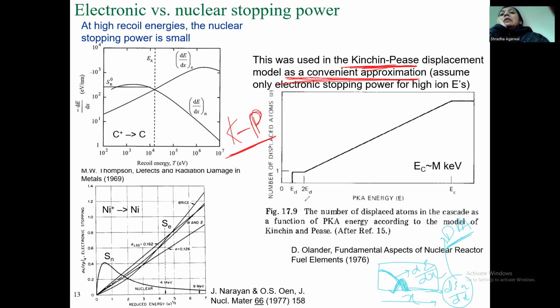What does that mean? So Kinchin-Pease, basically, gives you a very convenient approximation. So this is like a pen and paper model. What it said is, in the beginning, you have your incident ion. They go and make an interaction with atoms of the material. So here is the primary knock-on atom energy.